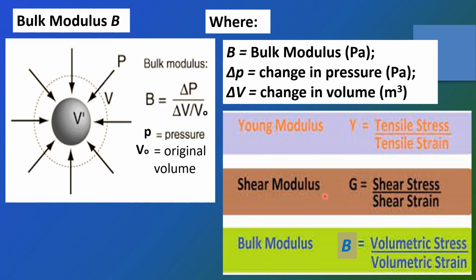For shear modulus, capital G is just the ratio of the shear stress to the shear strain. And for our last type of modulus, capital B is equal to the volumetric stress, that is delta P, divided by the volumetric strain, delta V over V.